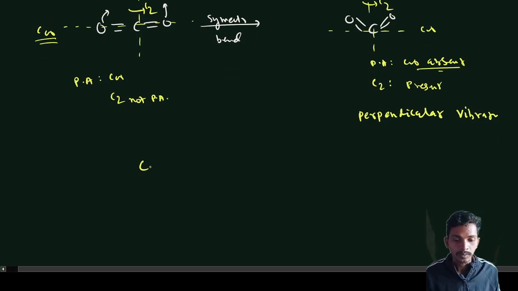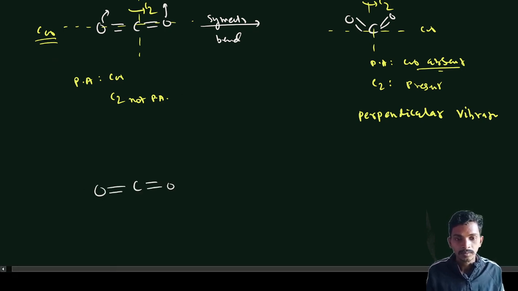Similarly, if I talk about asymmetric bending, here the principal axis is C infinity. I am doing asymmetric bending.